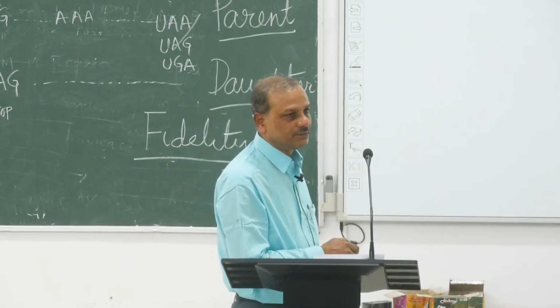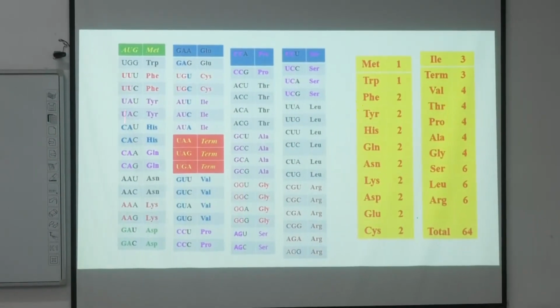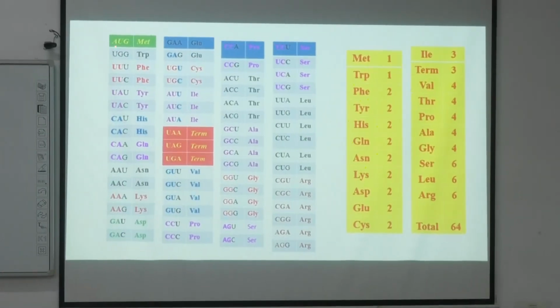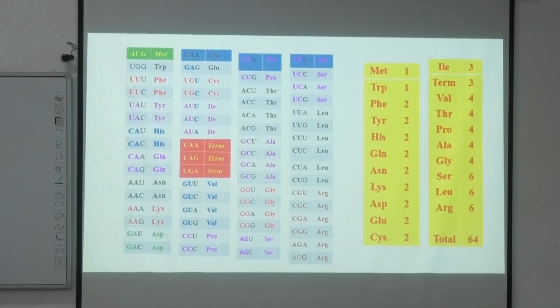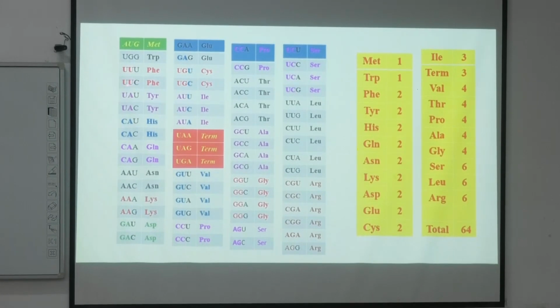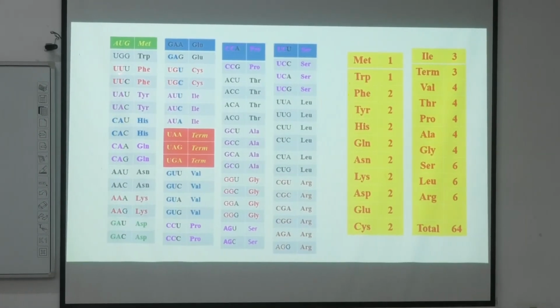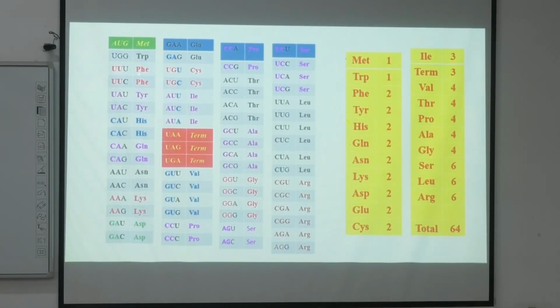Now you look at this table very carefully. See, I have arranged this to show you. Look at the nucleotide. After we say the U, the cell is becoming a cell.